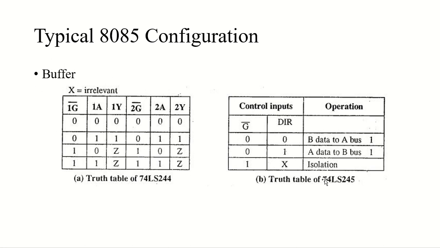The PNP input reduces the DC loading on the bus line, and typical propagation delay time port to port is around 8 nanoseconds, so it is drastically reduced. Typical enable disable time is also around 17 nanoseconds, again very less. And sink current and source current I have already discussed with you.